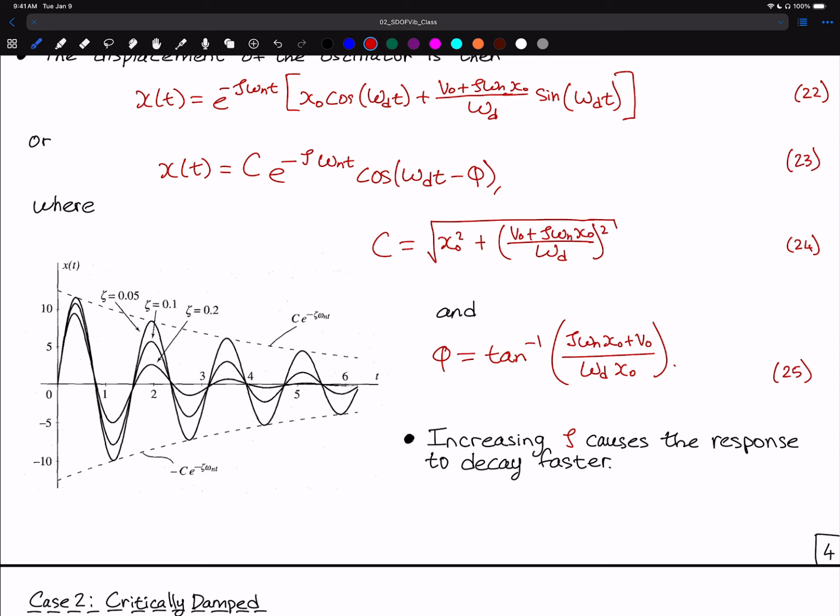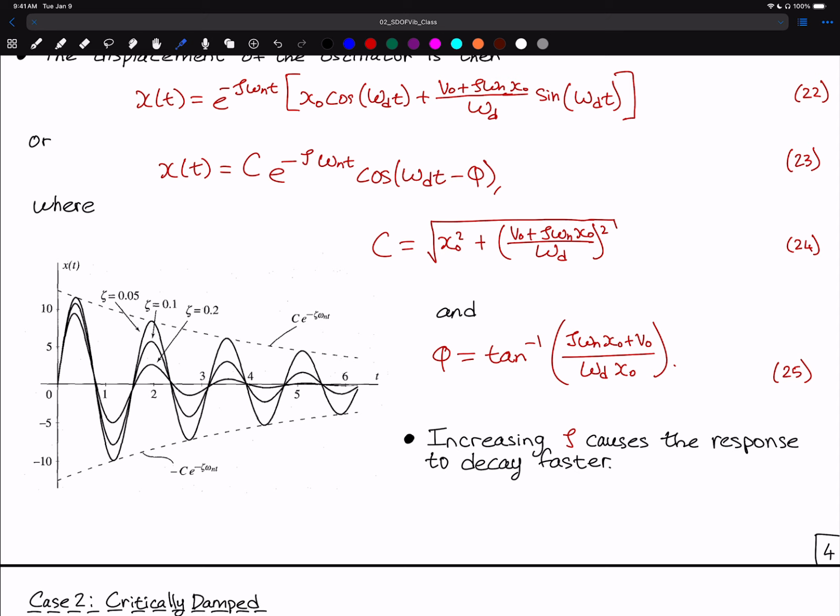Okay, before we go on to case 2, I've provided a plot here for different example responses. What you can see here is that as we increase the damping ratio, the response will decay at a faster rate. It will decay faster and faster if zeta is increasing. We can also see in the dashed line there is an envelope.